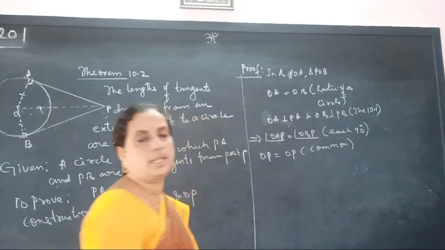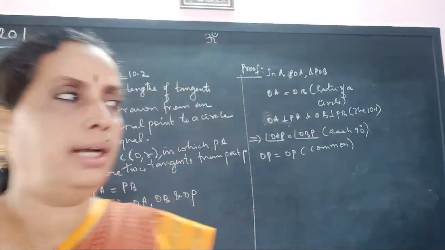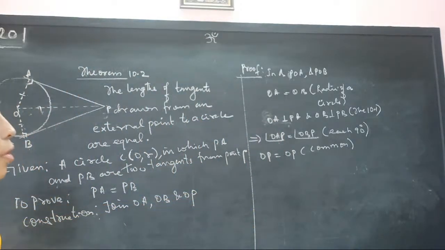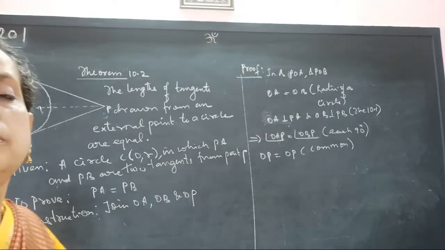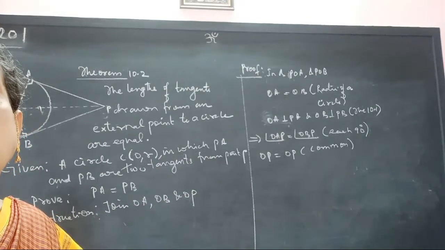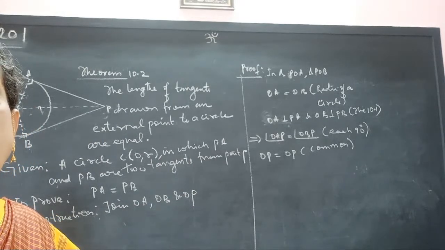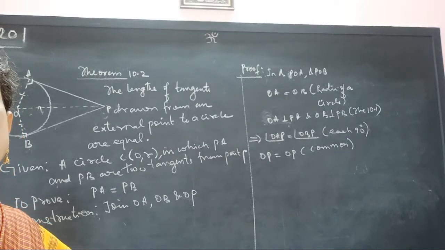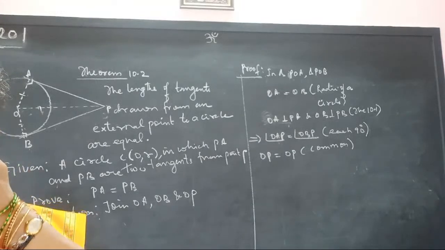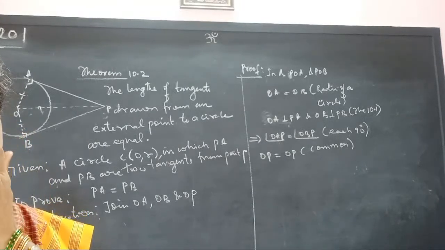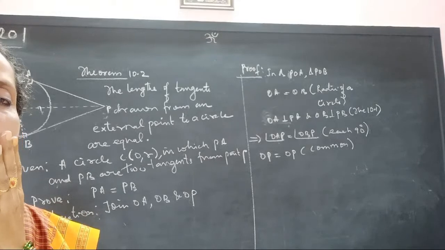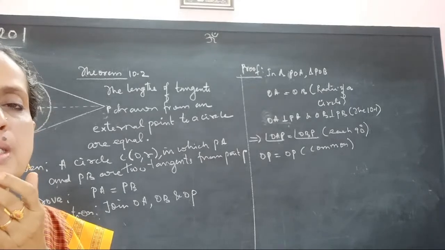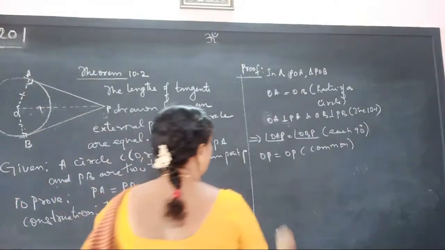Which congruency can we say here to prove that they are congruent? Yes, the triangles are congruent by, not SAS, RHS congruency.